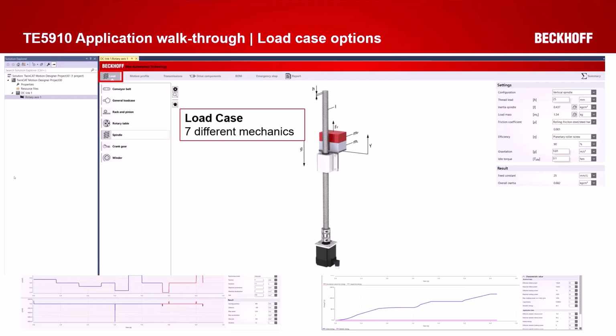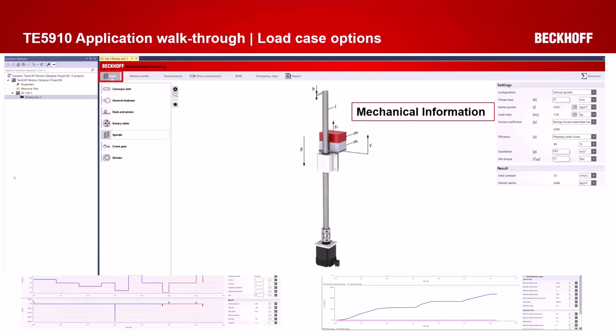With these 7 different load cases, you can analyze conveyor belts, spindles or ball screws, or rotary tables and rack and pinions as well. Very general load case where you enter the inertia as part of this, and winders, unwinders as well. Whenever you select a load case, what you have to do is enter your mechanical information, and this can be tricky.